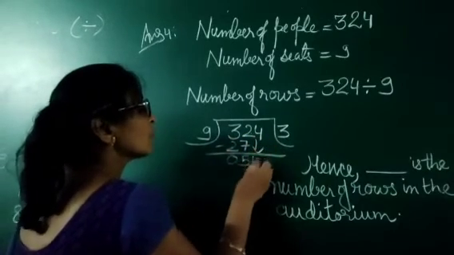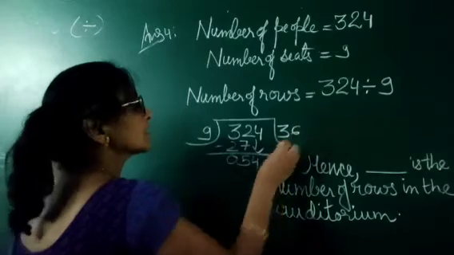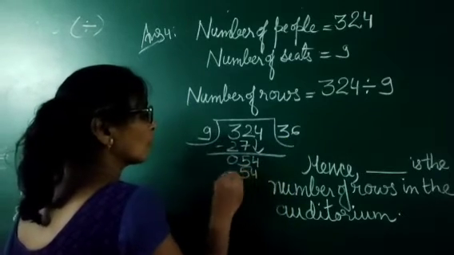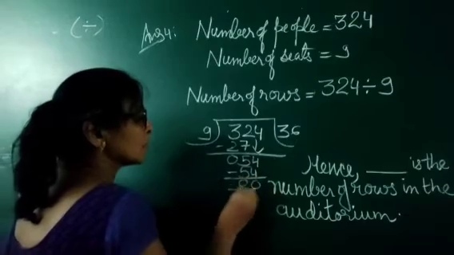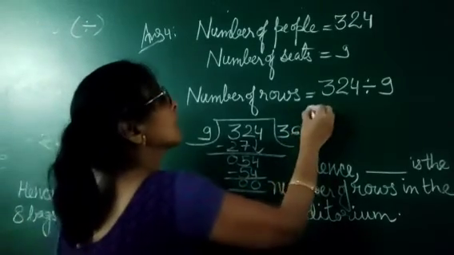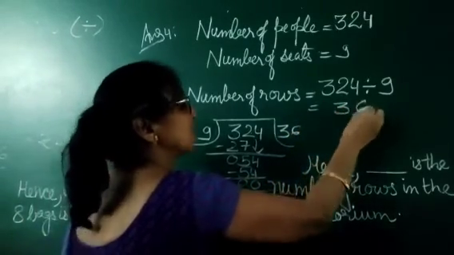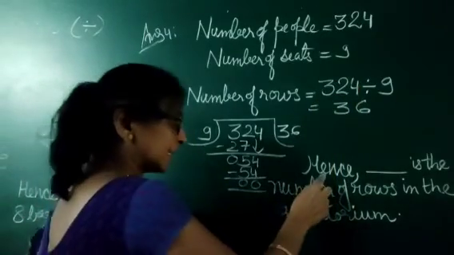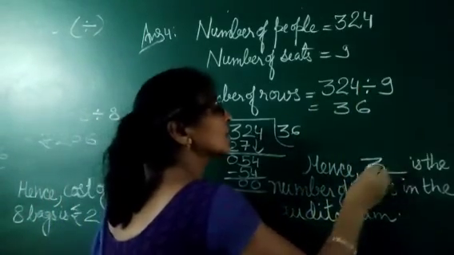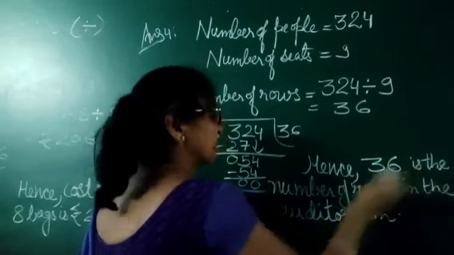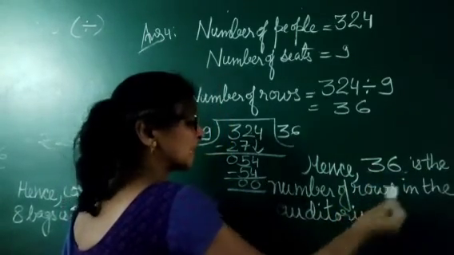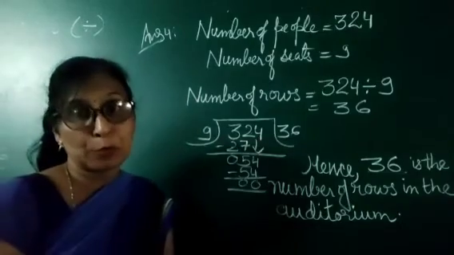We write this 4 here, and then 9 6s are 54. Subtract: 4 minus 4, 0. 5 minus 5, 0. Here comes 36. We write the answer line: hence, 36 is the number of rows in the auditorium.